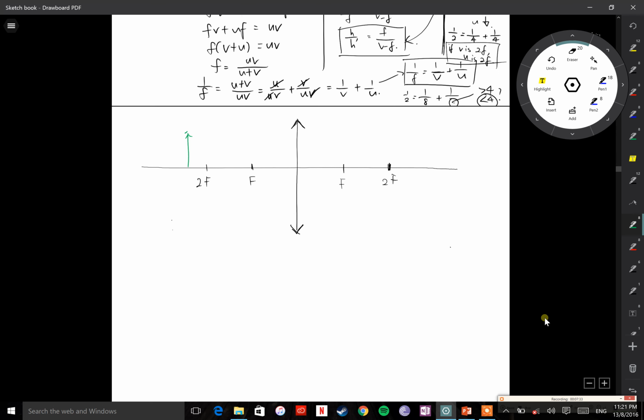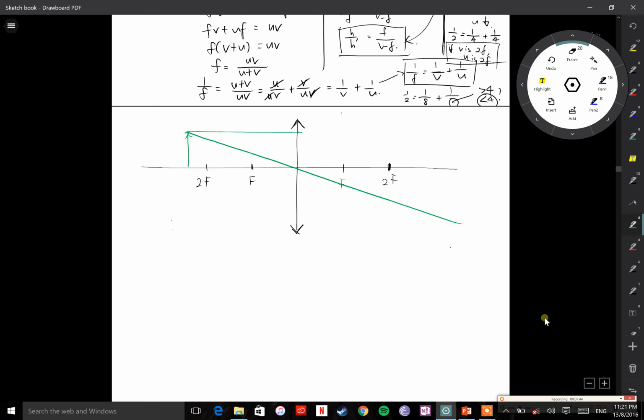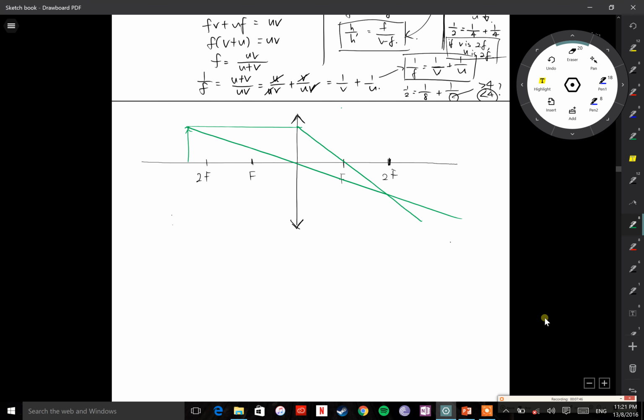Now suppose I have this diagonal line here, and I have the next line here, and we know that this has to pass through F. And we have this. This is our image point, this is our object point.